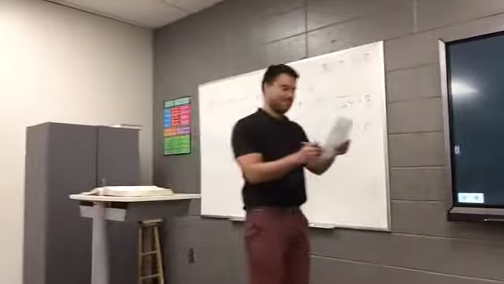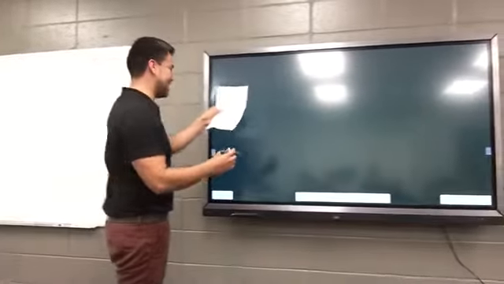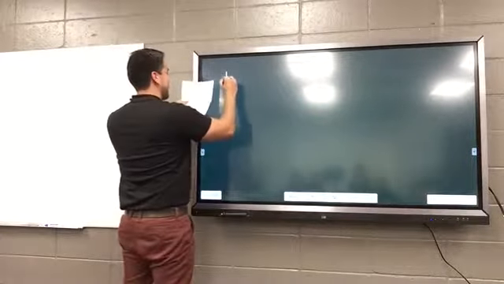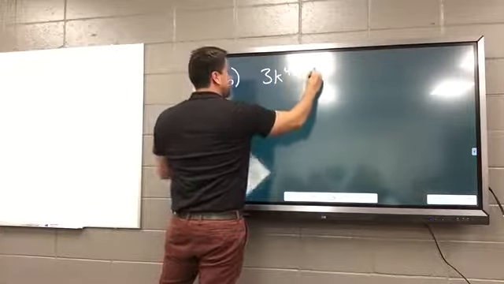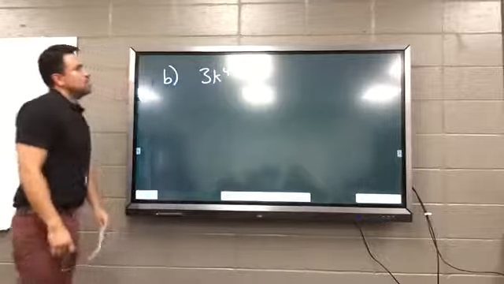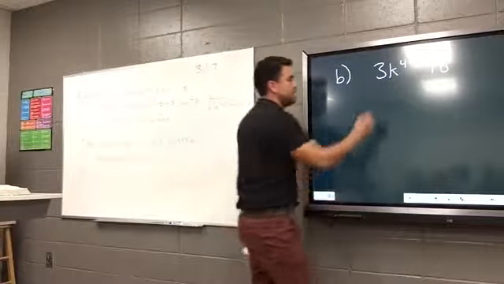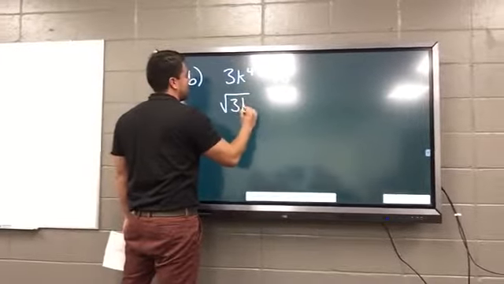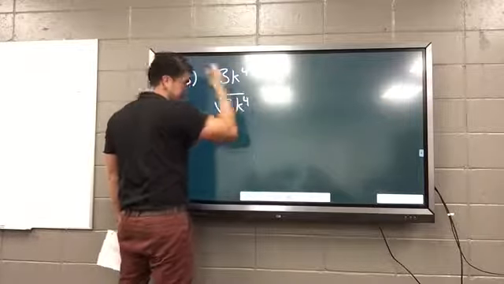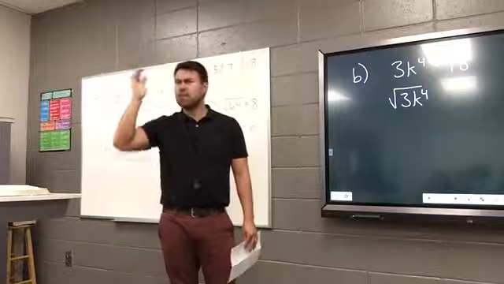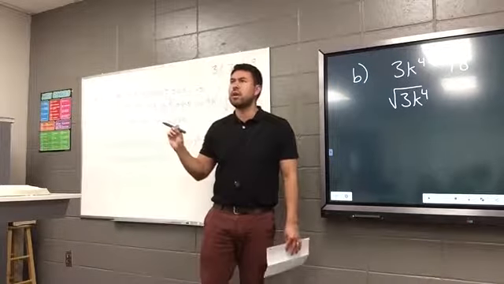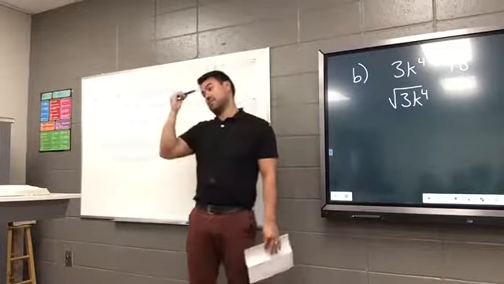B. 3k to the 4th minus 48. Oh, man, no way. The square root of... no, it's close. It's 1.2.